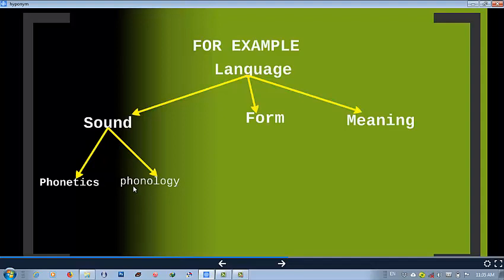Phonology is the scientific study of the phone, the sound, and phonetics is about how to pronounce or the sound system. These words are parts of the sound, and the term in linguistics we call meronyms. Meronym is a part of the sound.